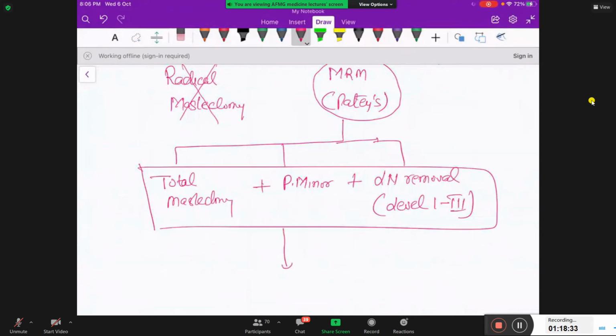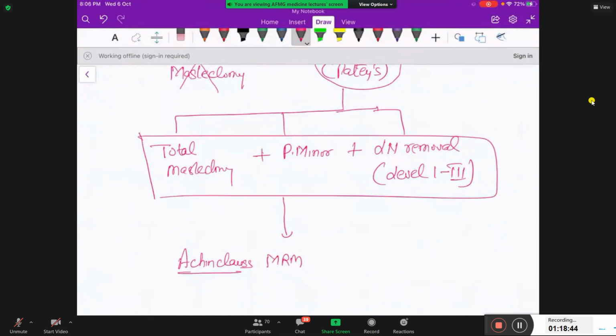The type of MRM which we do now is called Auchincloss MRM. What is important for us to note? So understand this. If somebody asks you what is Patey's MRM, Patey's MRM remains same, but we don't do Patey's MRM anymore.